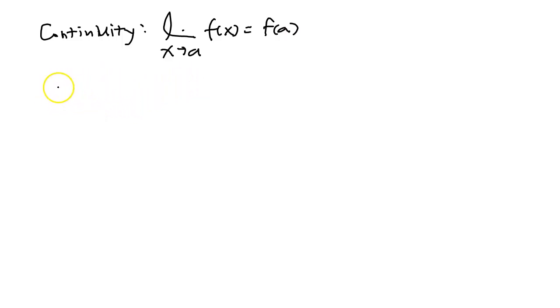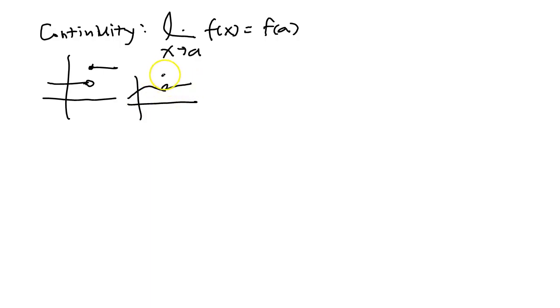Graphically, there are various ways that this could fail: you could have a jump discontinuity, or a removable point of discontinuity, or you may have functions going to infinity, or to negative infinity.